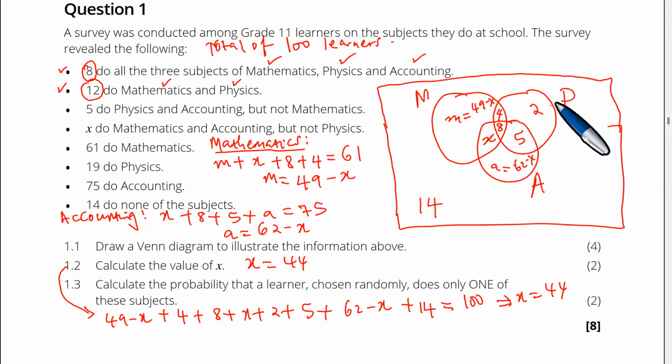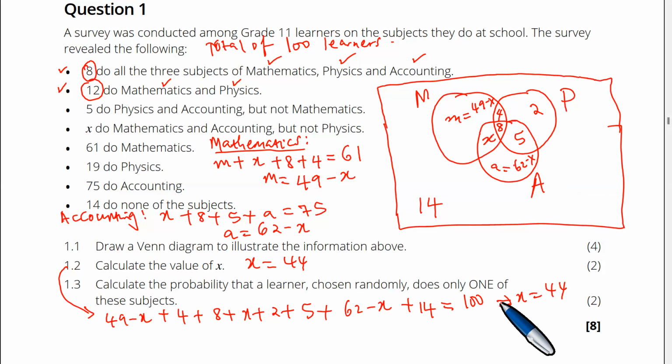For instance, if the student does only physics, or the student does only mathematics, or the student does only accounting, what do we then get at this point? Let's think of this very carefully and analyze this question and see what we can do precisely.